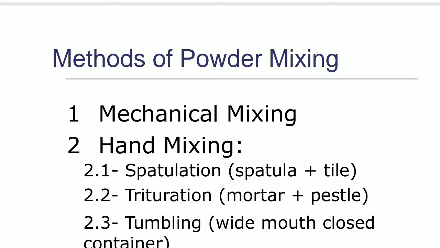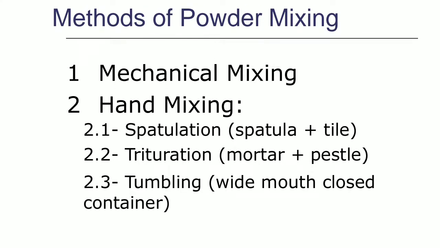In that we have seen the types of powder mixing and will discuss them one by one in detail. First one is mechanical mixing, then hand mixing. In hand mixing, first one is spatulation, then trituration, tumbling, etc. Spatulation means using a spatula with a tile.